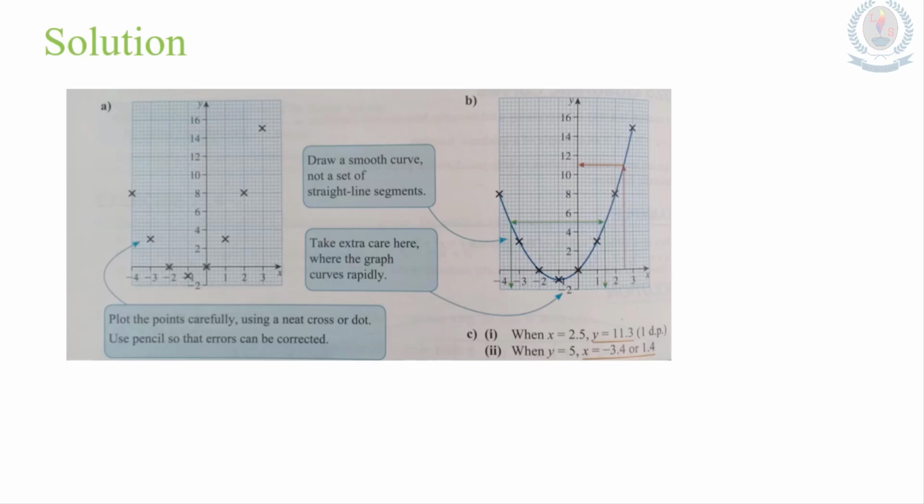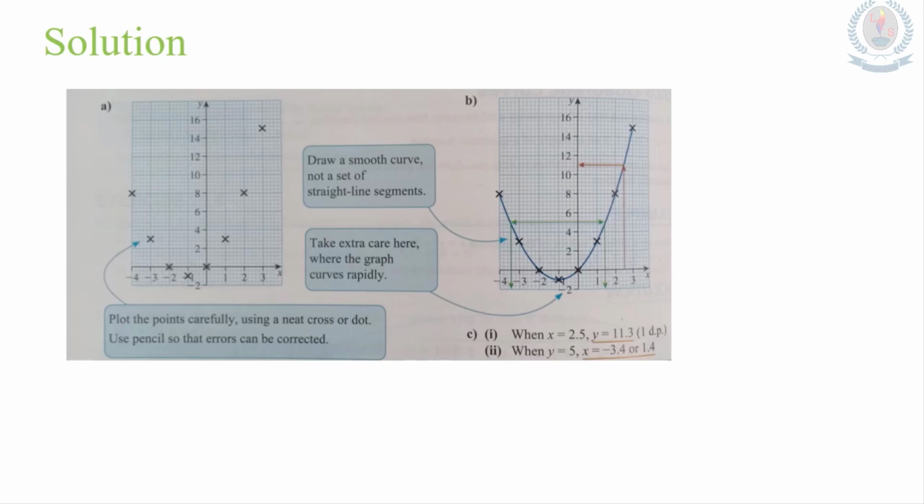Then to the other side, to the y-axis, you draw the same arrow. When x equals 2.5, what is the answer for y? Here you can see the nearest is y equals 11.3. To the nearest first decimal place, the answer is y equals 11.3.